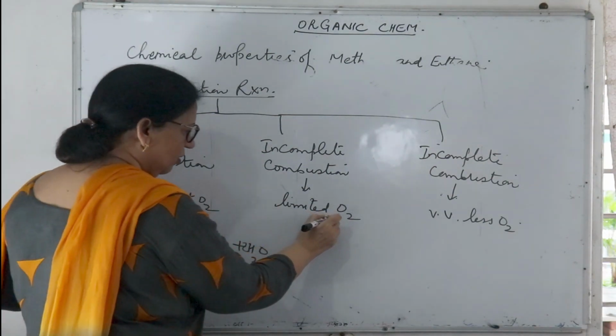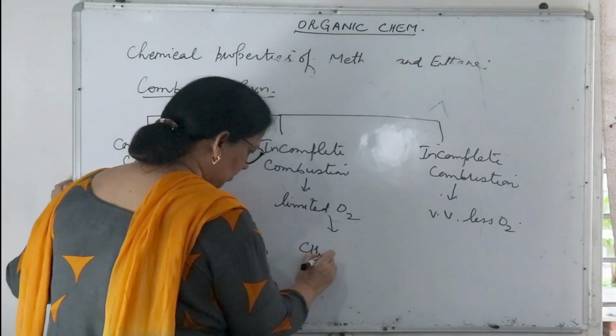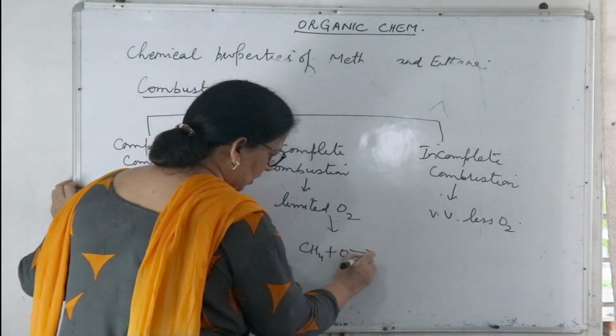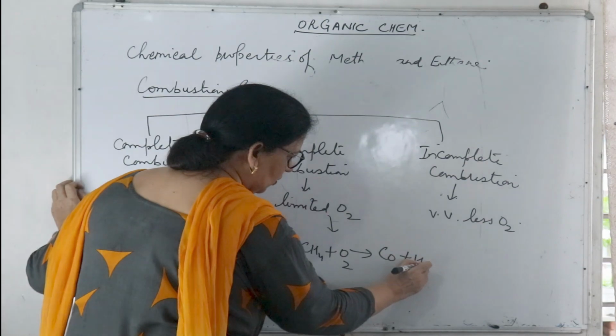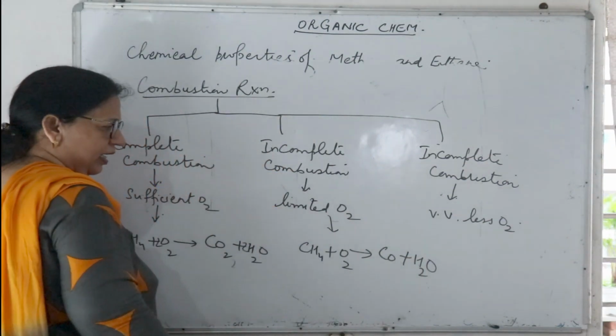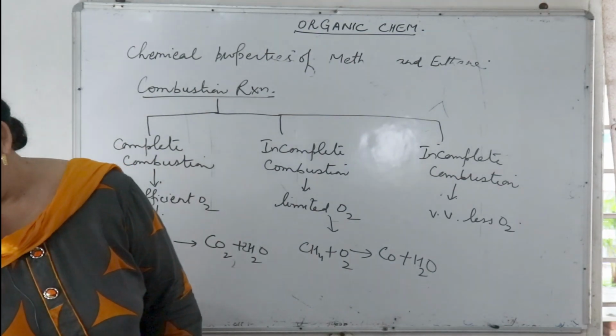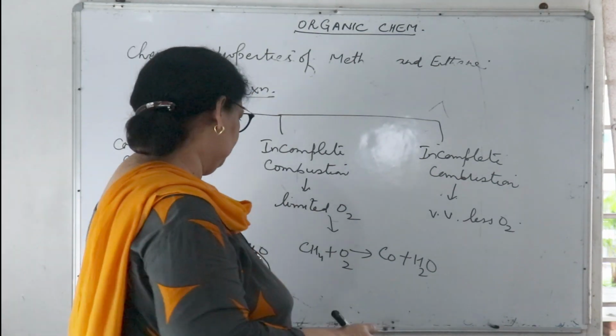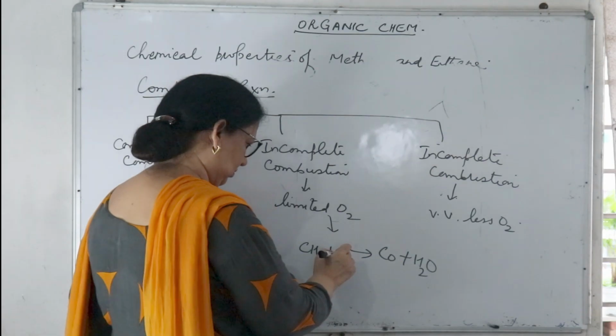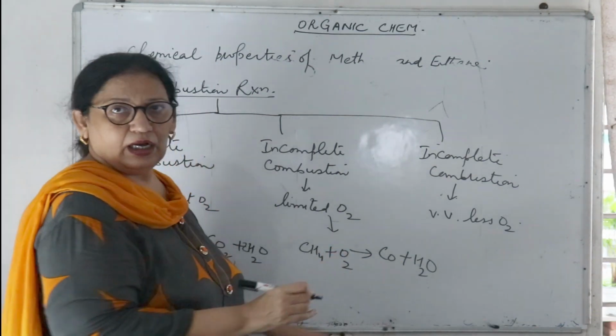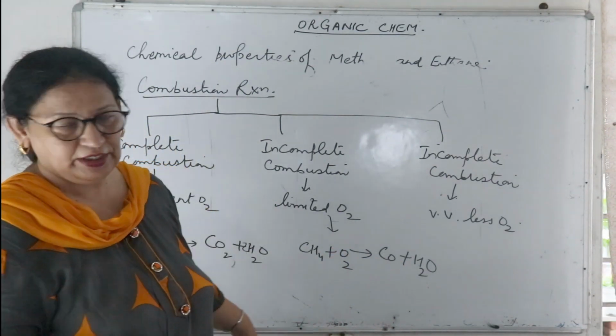When limited oxygen is there, CH4 plus O2 gives CO plus water vapors. In the limited oxygen, carbon monoxide is formed. Carbon monoxide plus water is formed.